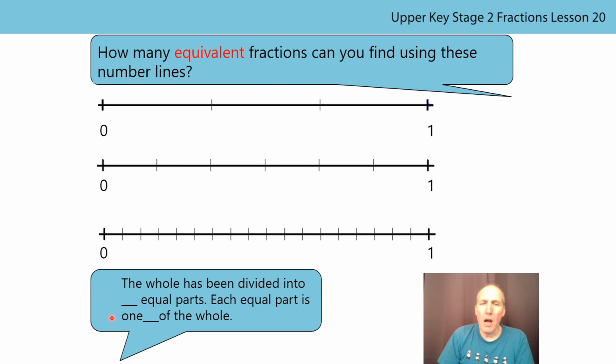Each equal part is 1/3 of the whole. What about the middle line? The middle line has 1, 2, 3, 4, 5, 6 equal parts. So can you say that stem sentence for yourself about the middle line? Come on, I want you to say it.